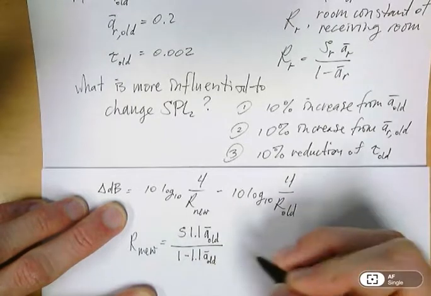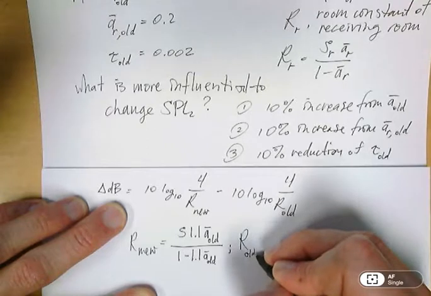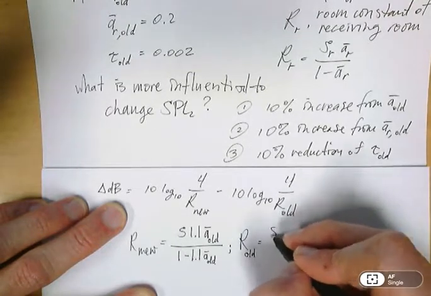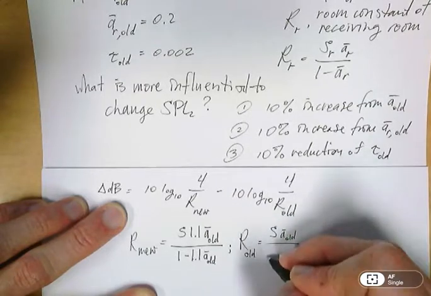Whereas R old is S times A bar old and 1 minus A bar old.